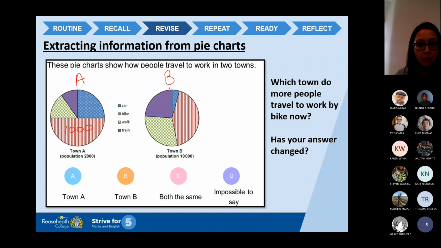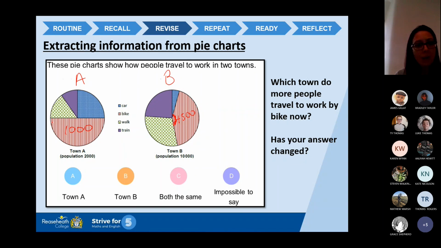The pie chart is out of 10,000 people. That means that is just short of 5,000, maybe 4,000 people. I'm going to say 4,500, completely guessing and making that up because I don't have an angle size. If I knew how big the angle was, we would be able to work out exactly how many people travel to work by bike for this one.